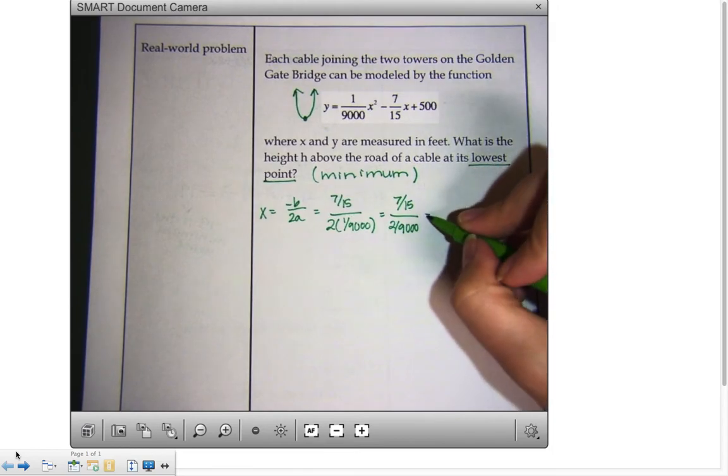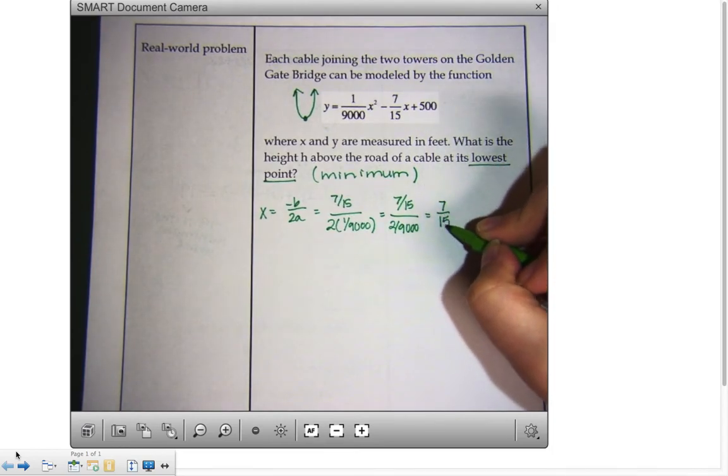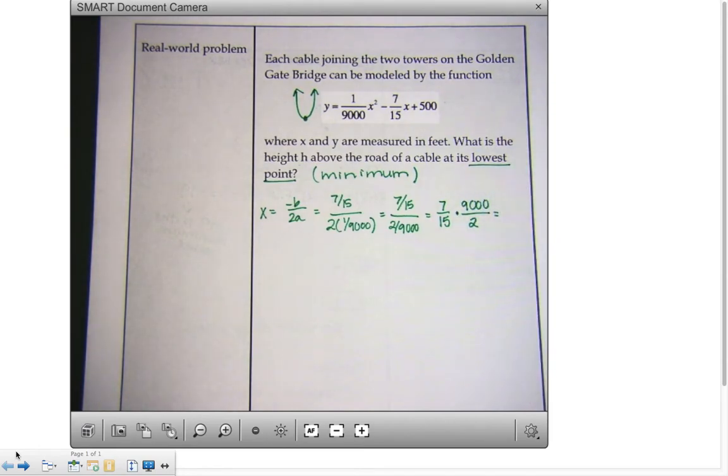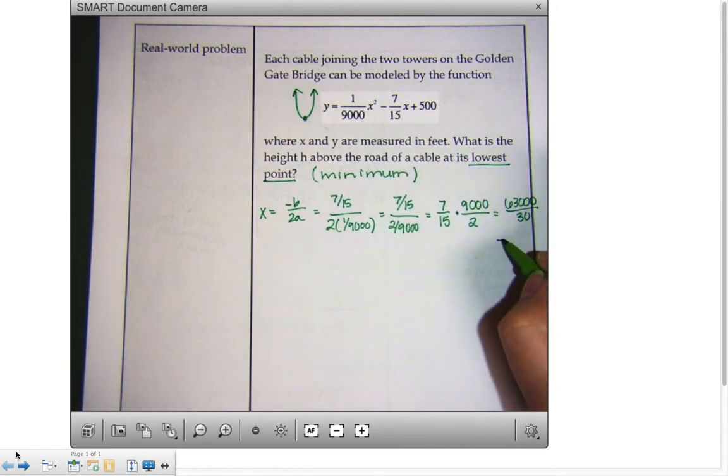Dividing by fractions is the same thing as multiplying by the reciprocal. So 7/15 times 9,000 over 2 gets you 63,000 over 30, which turns out to just be 2,100.